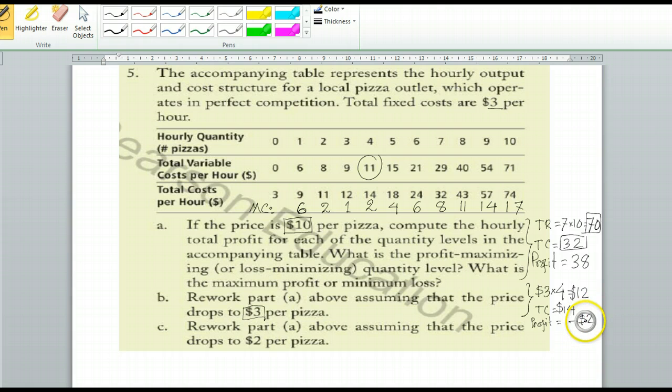But then making a loss doesn't necessarily mean that this firm would shut down. Whether this firm would shut down depends on whether total revenue is even less than the variable cost. So let's check if total revenue of 12 is less than even the variable cost.